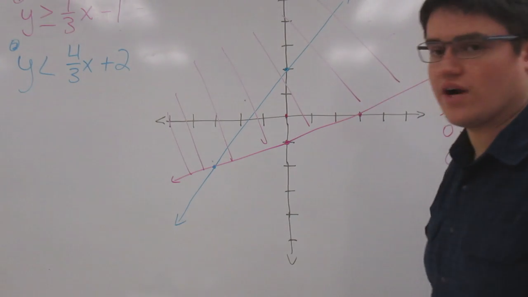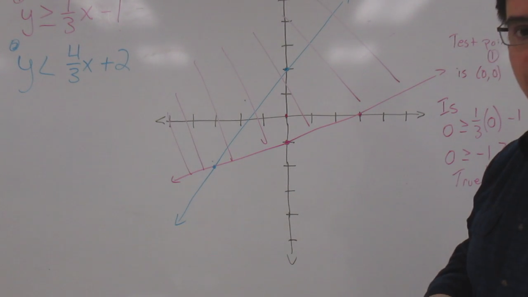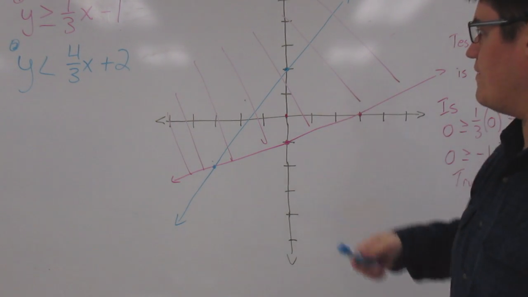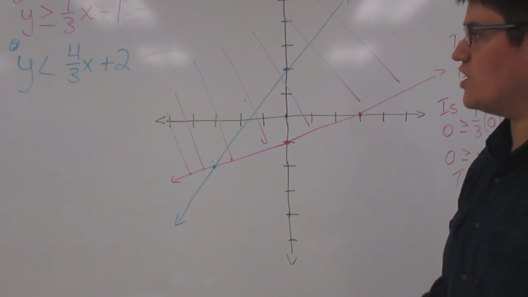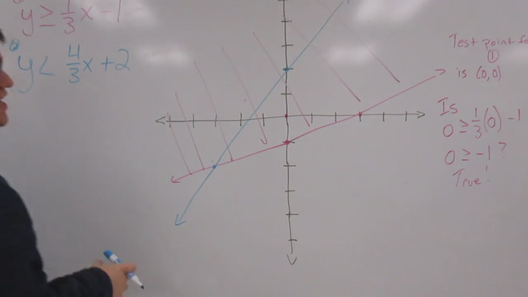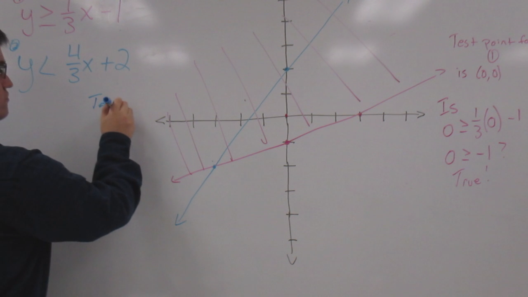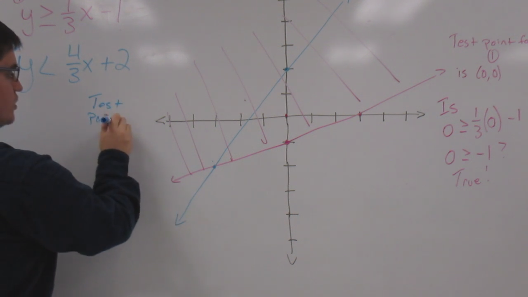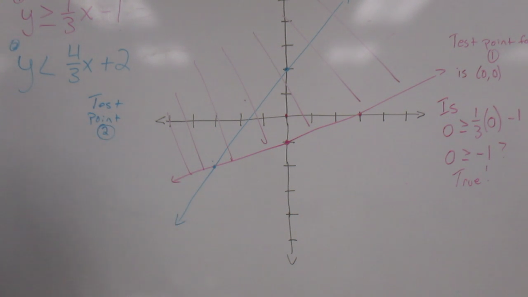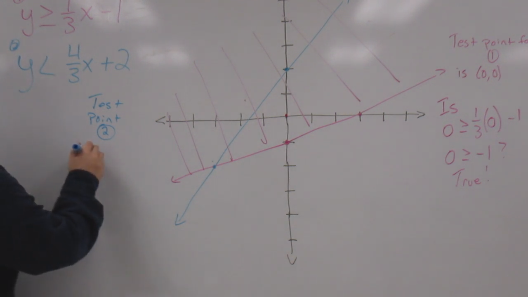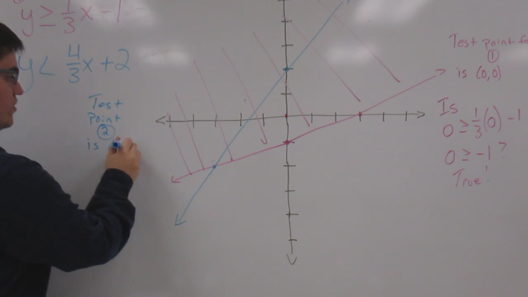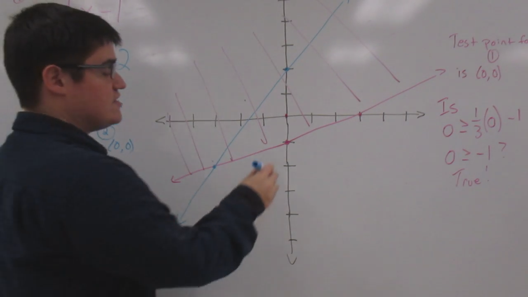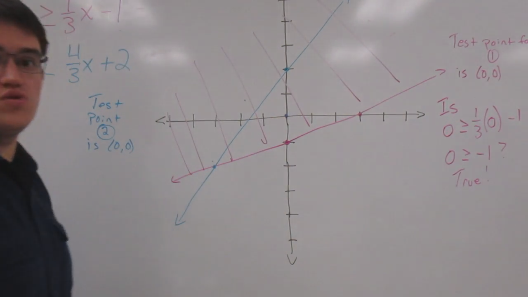from my pink graph. Okay, now I have to do the same thing with the blue graph. So a test point for your blue graph is going to be 0, 0, because it's not on the line, so we can use it.